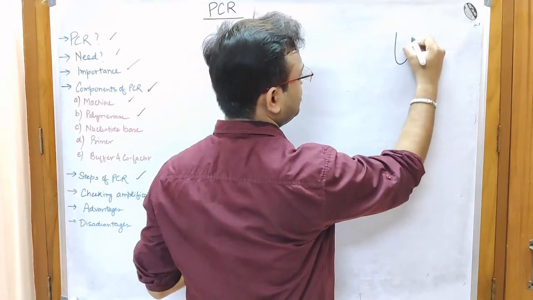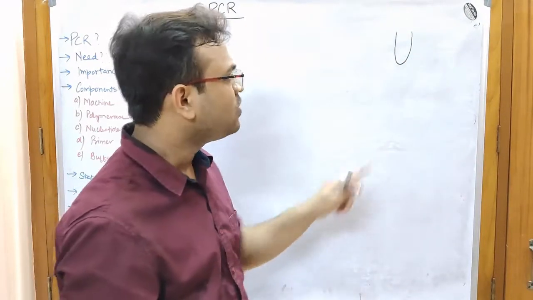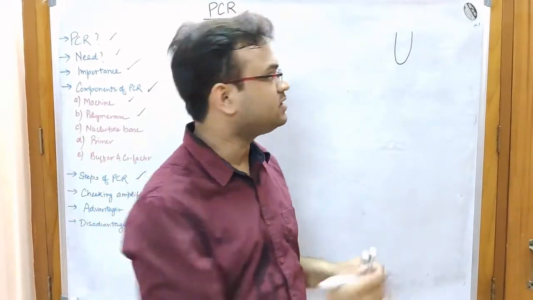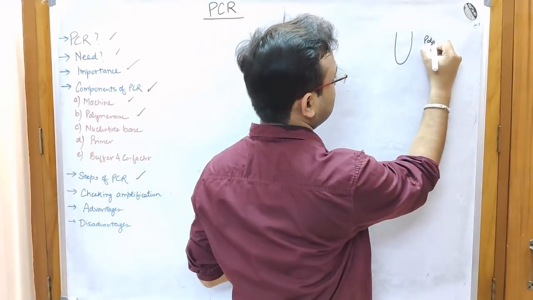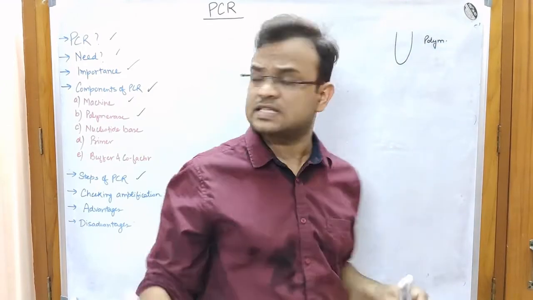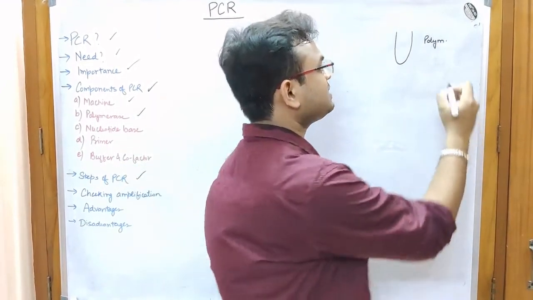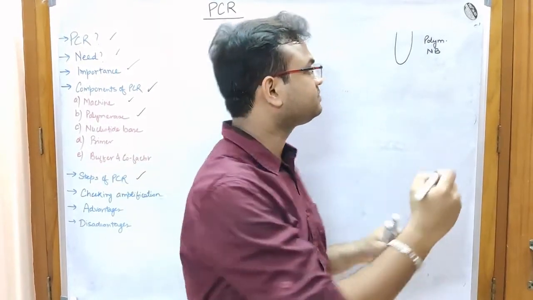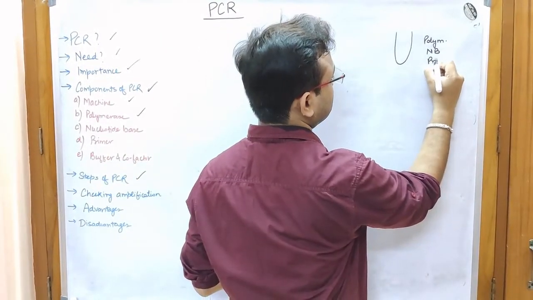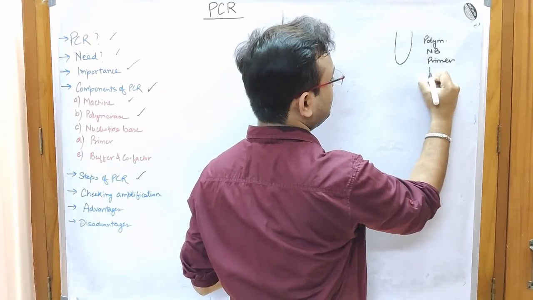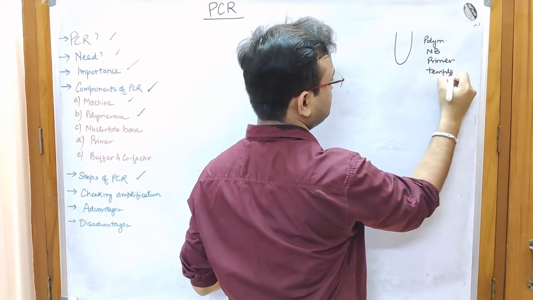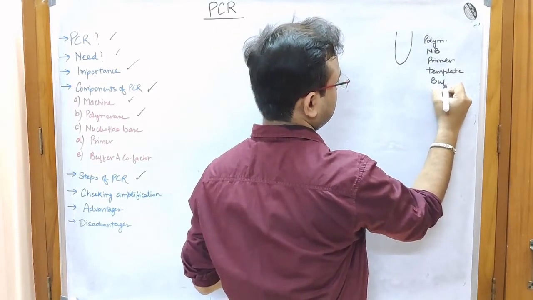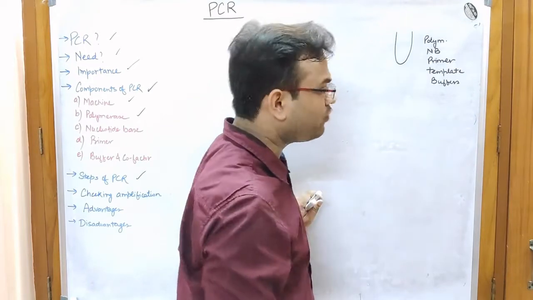So this is a PCR tube. What all things are present inside this? First of all, the most important thing is polymerase. Next one is nucleotide bases. Next is primer, and then template, and then buffers, and then cofactors.